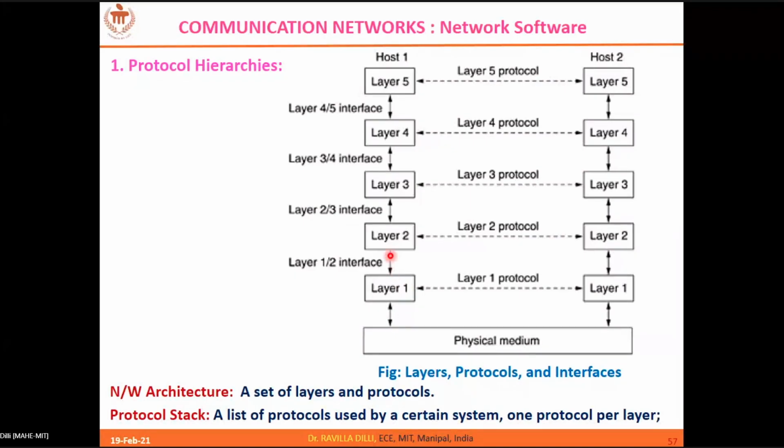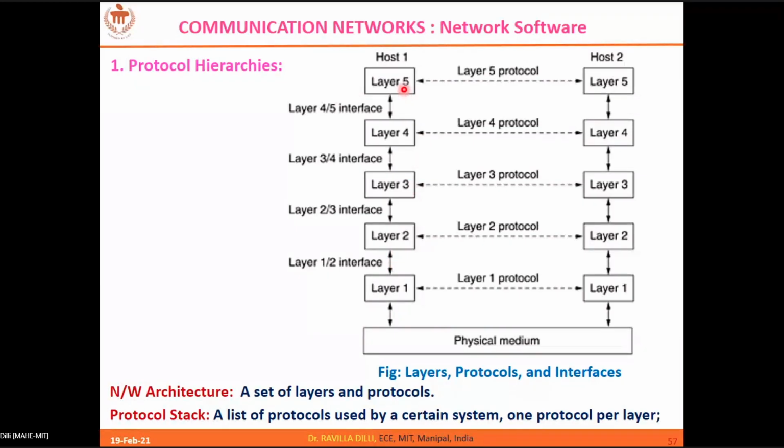And the interface is the kind of services that are available with the lower layer, a particular layer, and those services will be offered to its immediate higher layer as a service. Okay, you try to understand. Slowly I am introducing a few terms called protocol, interface, and service.